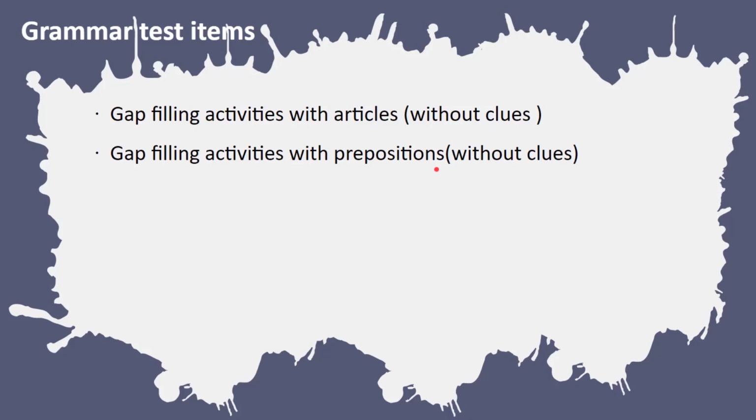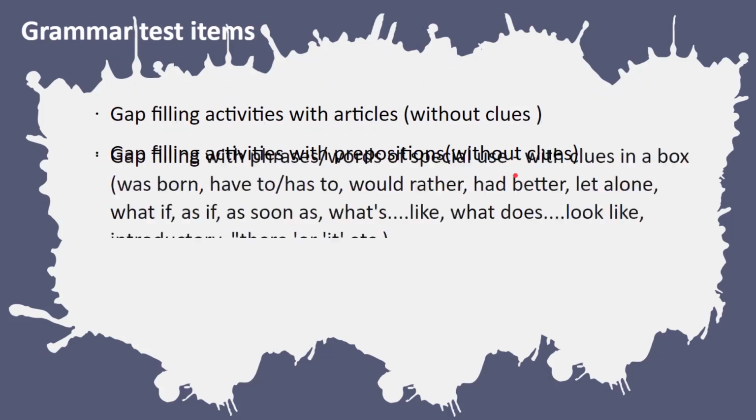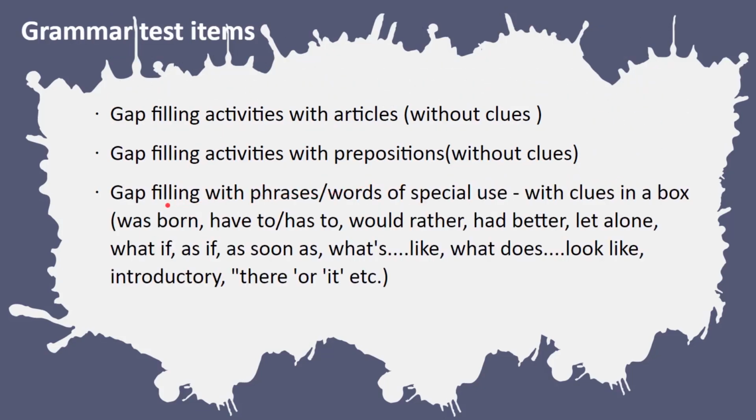That means this is a really tough one and this is without clues. You have to fill in the gaps with prepositions based on the words or the sentences or the context. Number 3, this is gap filling with phrases or words of a special use.